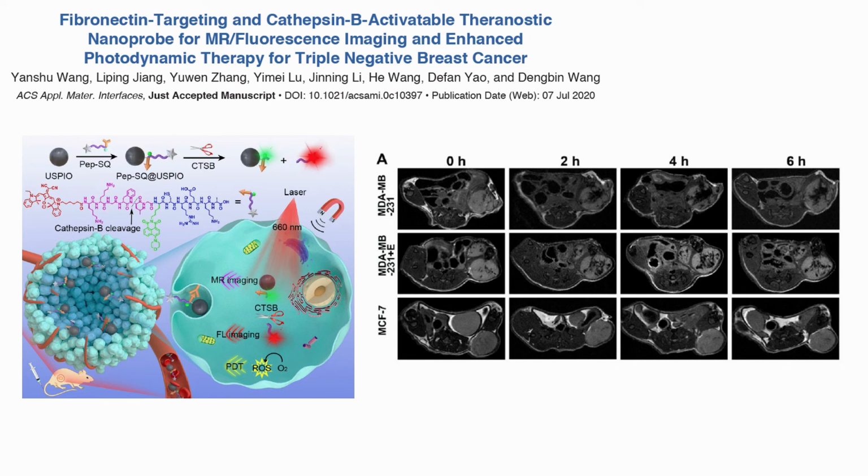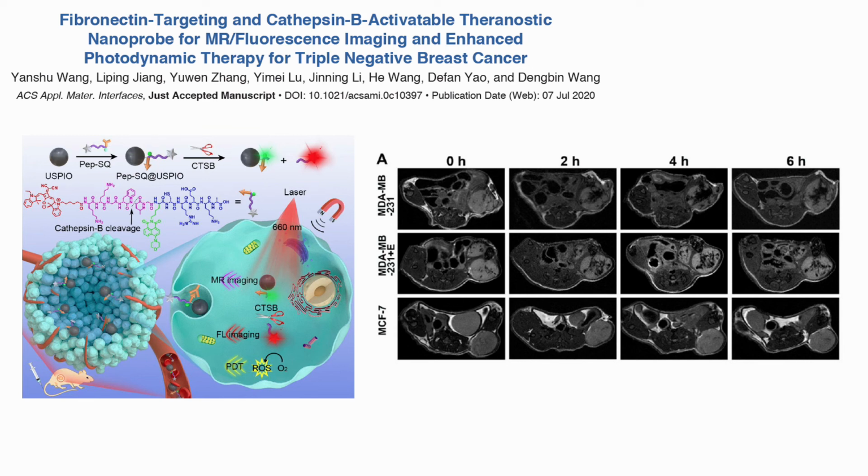And this linkage between the squaraine and the iron oxide nanoparticle was through a cathepsin B dependent cleavable linker.